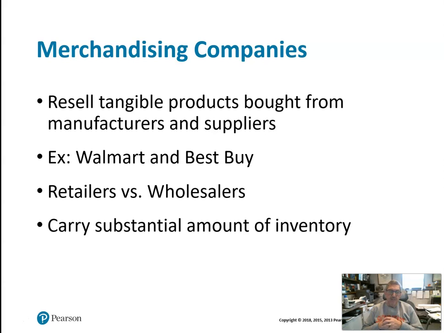So they're going to buy generally larger quantities from a manufacturer, and they'll turn around and sell in smaller quantities to other businesses. And in some cases, the businesses that they sell to then turn around and sell to end users. In some cases, manufacturers will sell directly to the company who is going to sell directly to the end users without going through a wholesaler.